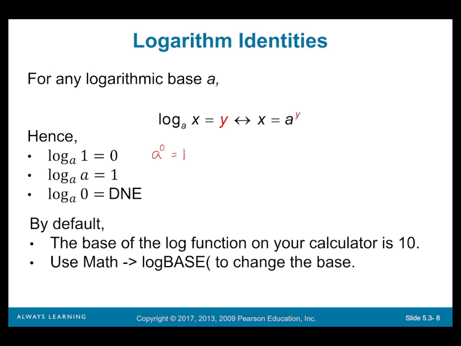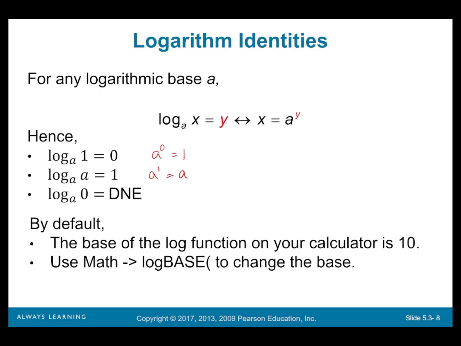Now, if I have log base a of a, well, here I'm asking myself if I have a base of a and an exponent of 1, when does this equal a? Well, of course, a to the 1 is always a. So in general, if I'm taking my base here and I have the same value here, it's always going to equal 1.